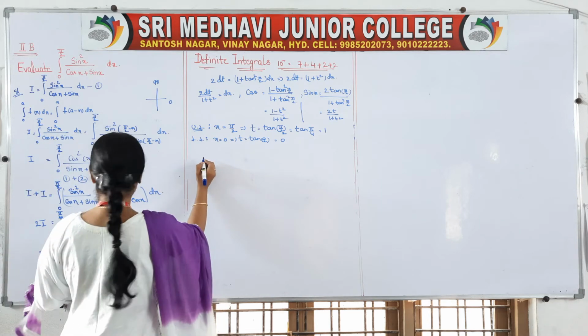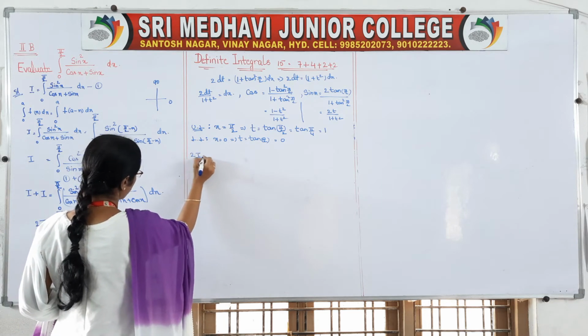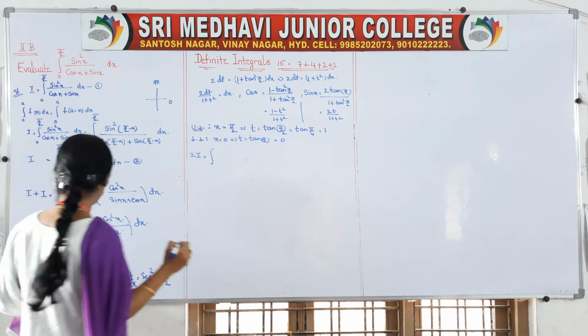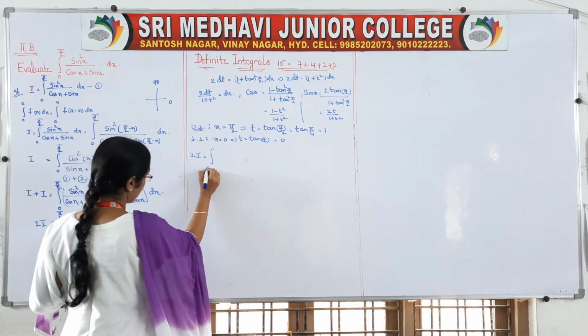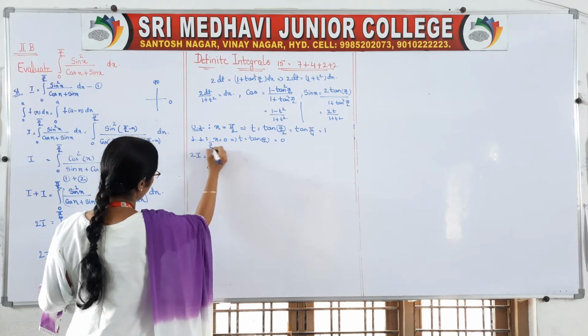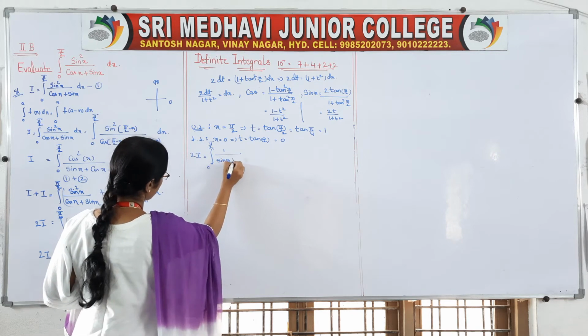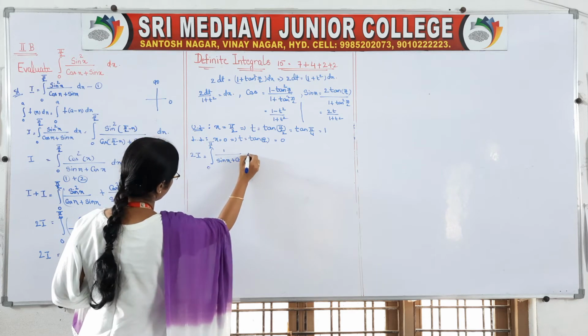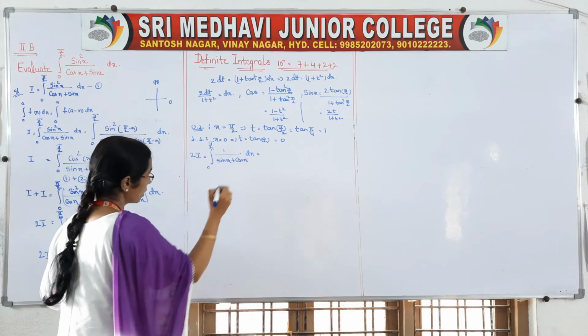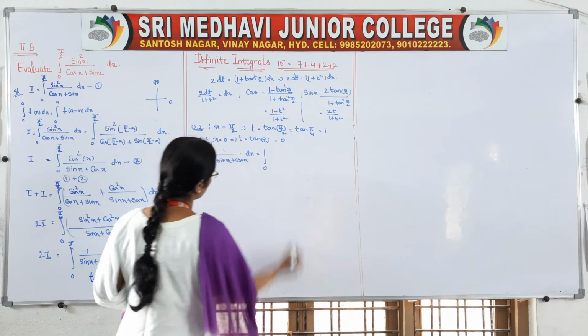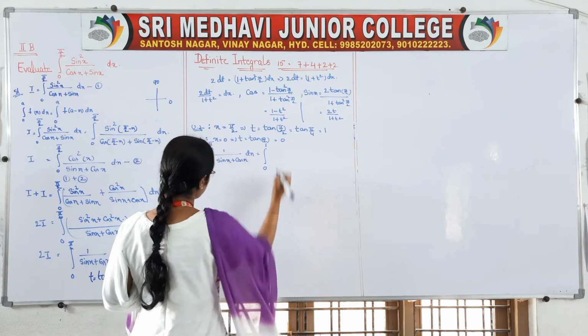Now you take your problem. 2I is equal to integral, first you write down 0 to pi by 2, 1 by (sin x plus cos x) dx, is equal to integral 0 to 1. What is your dx?